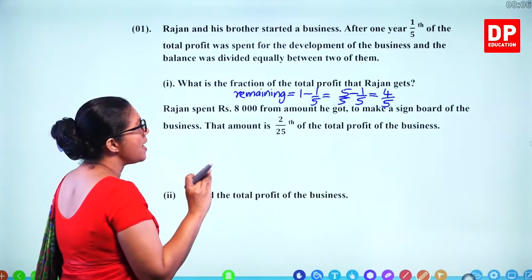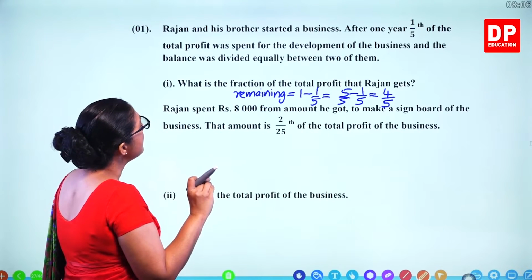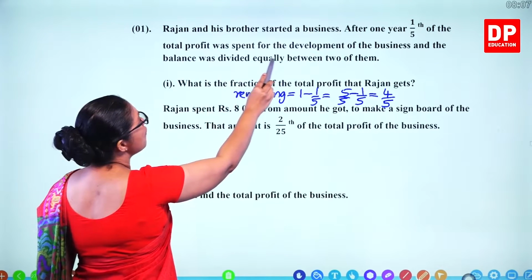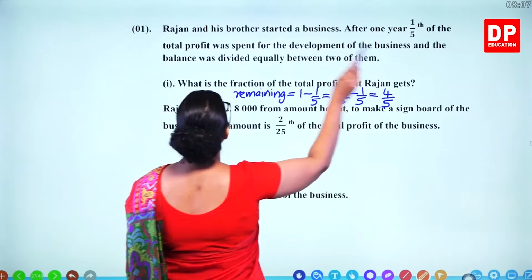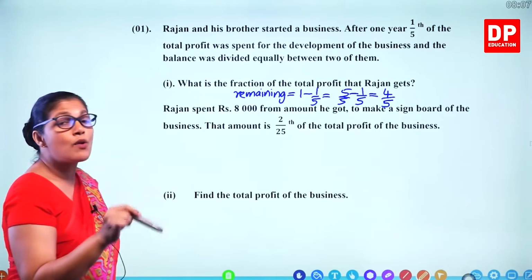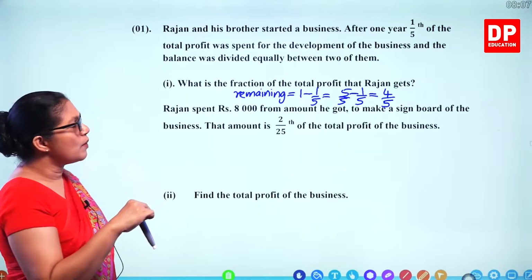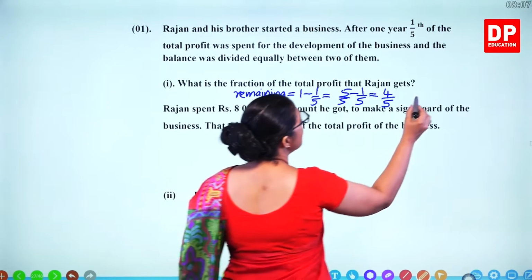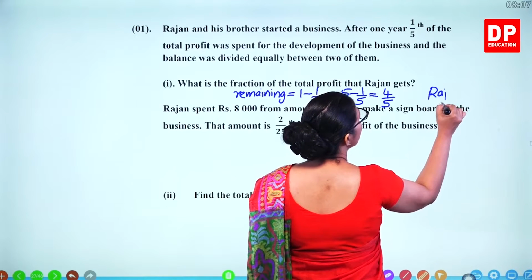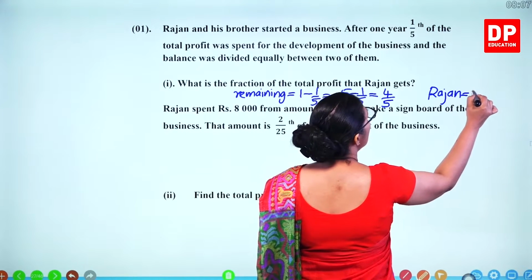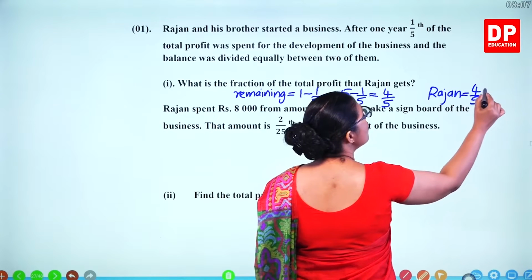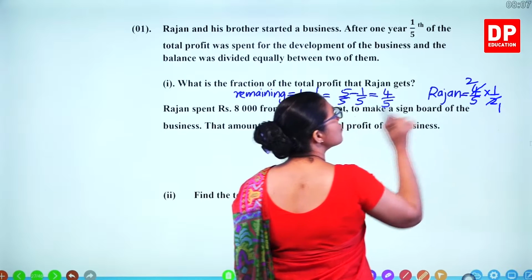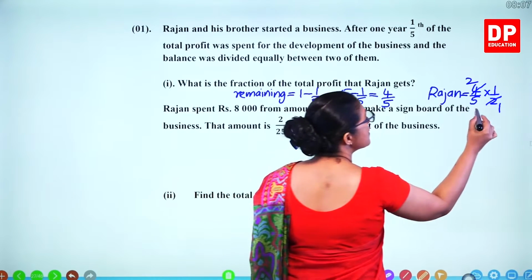That's the remaining amount. The balance was divided equally, so you have to divide by 2. So what is the part that Rajan gets? Rajan gets 4/5 divided by 2, which means multiply by half. You get 2/5 that Rajan gets.